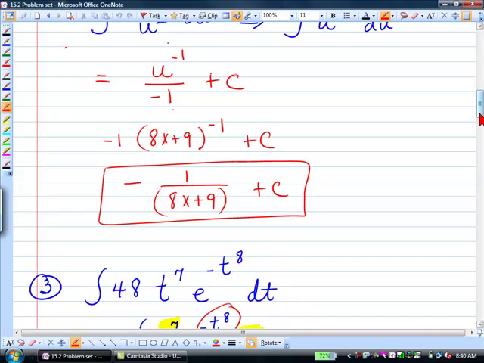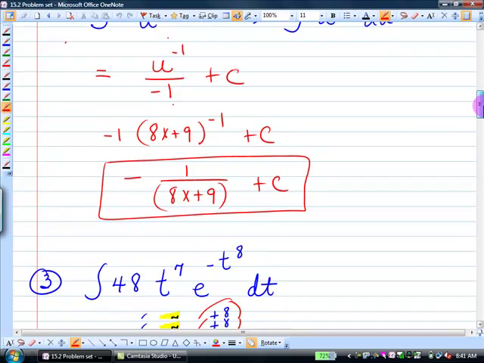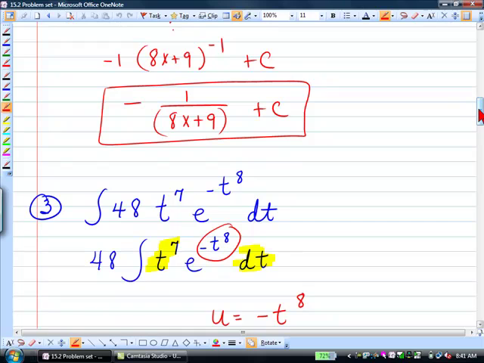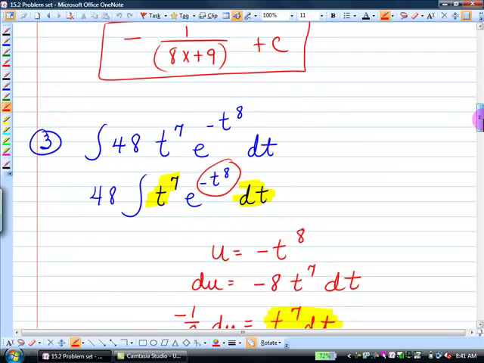48t to the 7th, e to the negative t to the 8th. What was one of the cases that we said to use for U-substitution? The exponent on e. So, if we let u be negative t to the 8th, the derivative of that is negative 8t to the 7th dt.